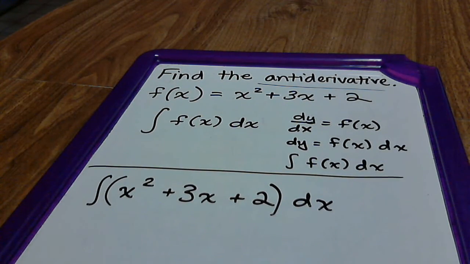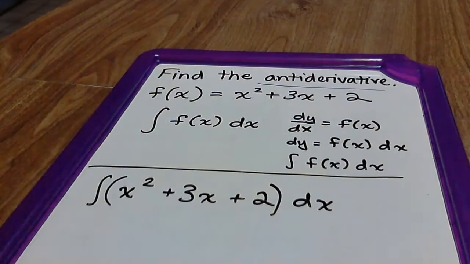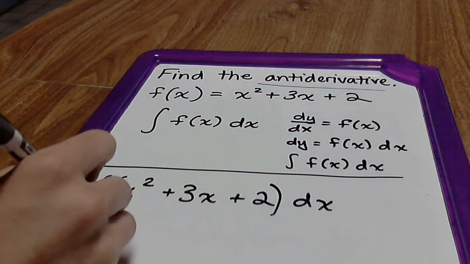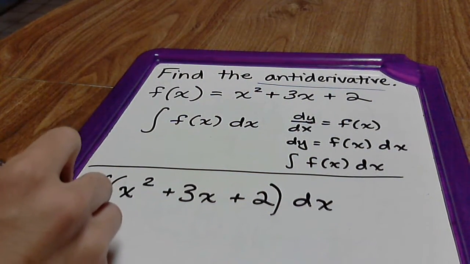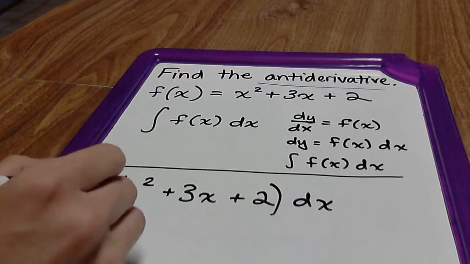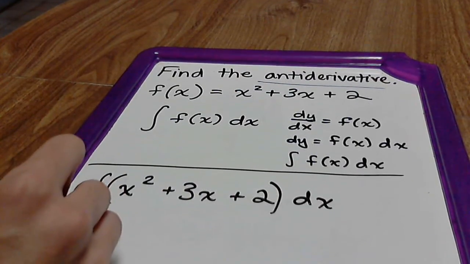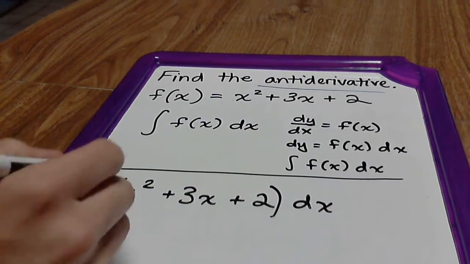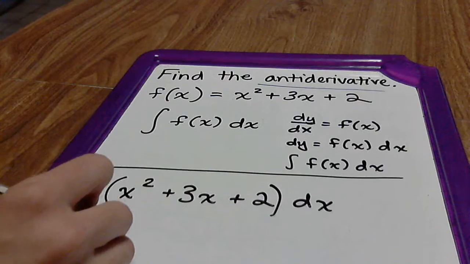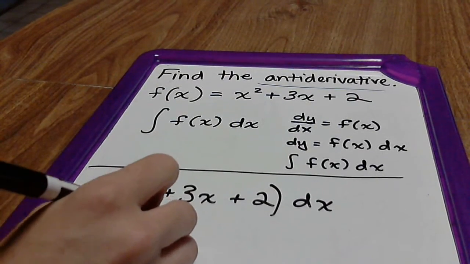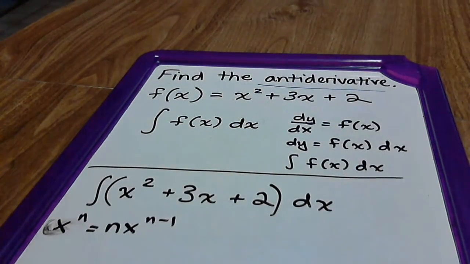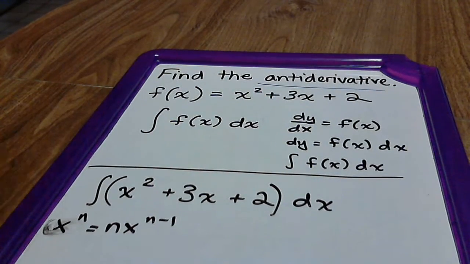So, we have a polynomial here. With derivatives, to find the derivative of a power, such as one of these, we brought the exponent up front, we multiplied by that exponent, and we subtracted 1. Well, now we're going to have to do that in reverse.